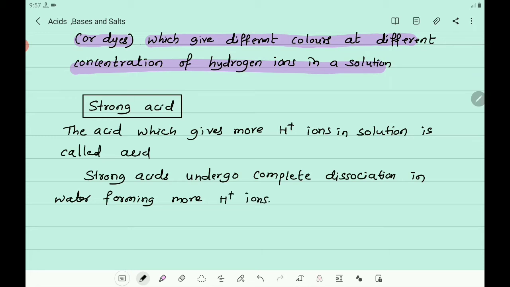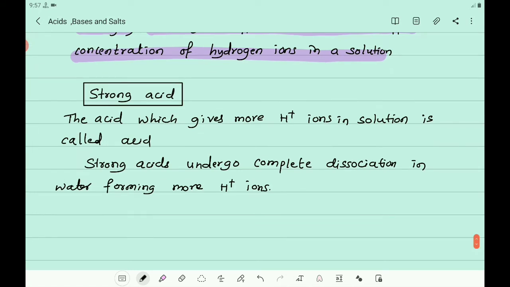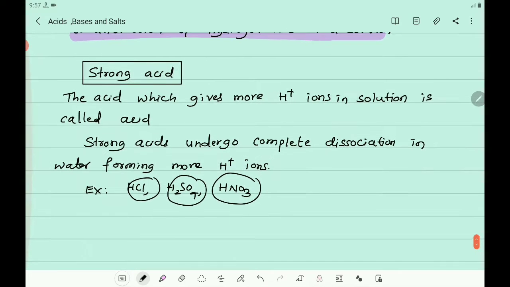So what are strong acids? Acids which undergo complete dissociation and form more H plus ions are called strong acids. And you can give examples. Hydrochloric acid is a strong acid. H2SO4 is also a strong acid, and HNO3 is also a strong acid. These are some examples of strong acids: hydrochloric acid, H2SO4, sulfuric acid, HNO3, nitric acid.